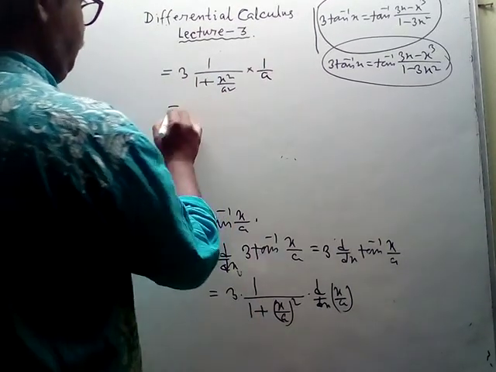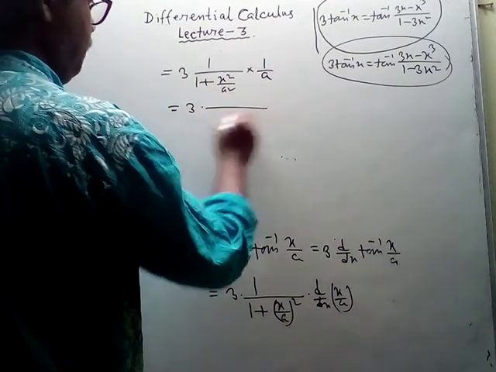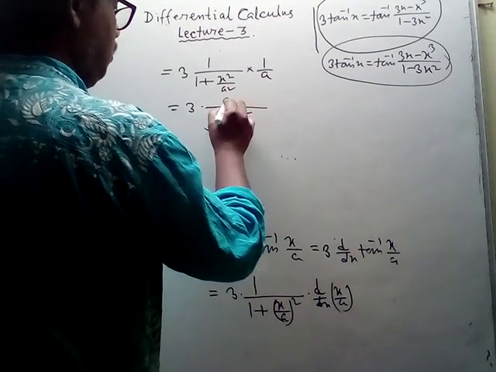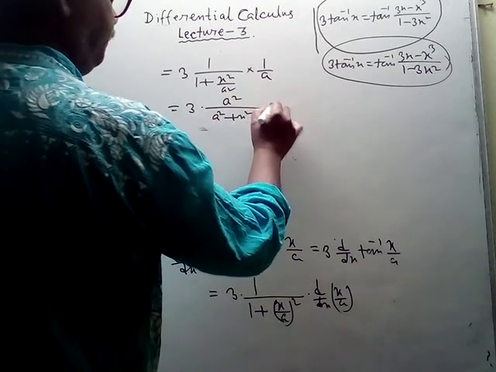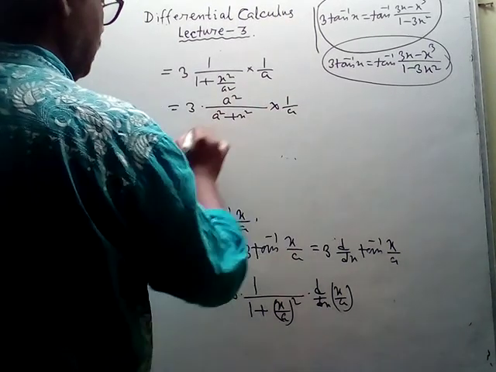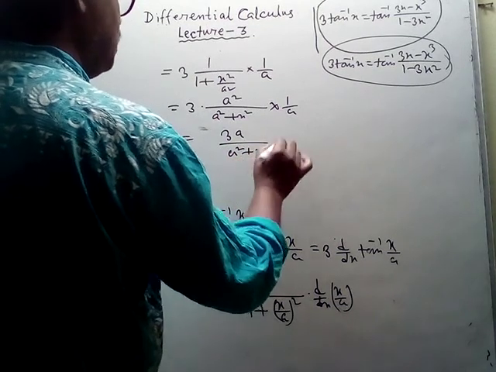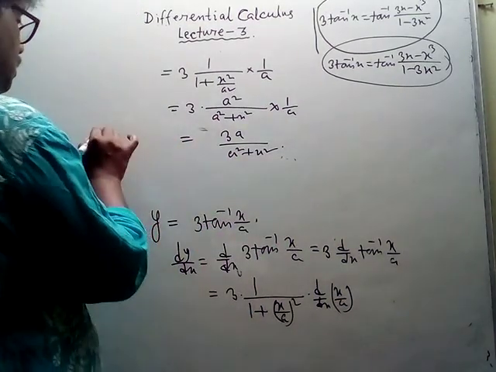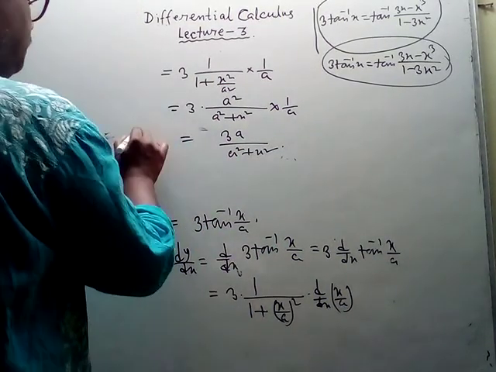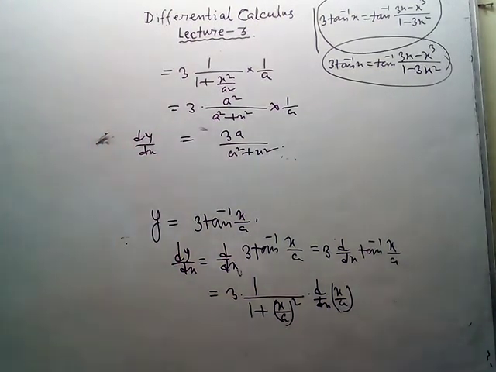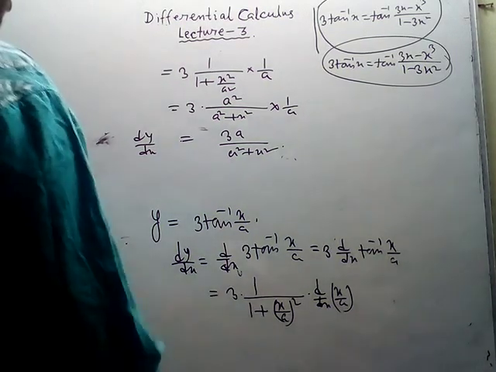Take the LCM: a square plus x square by a square. This will come here into 1 by a. Cancel the 1. We get 3a by a square plus x square. This is the required derivative, this is dy/dx, d/dx of y equals 3a by a square plus x square.